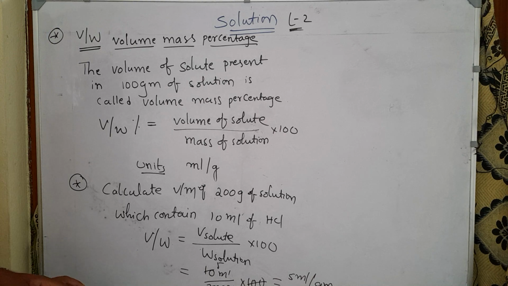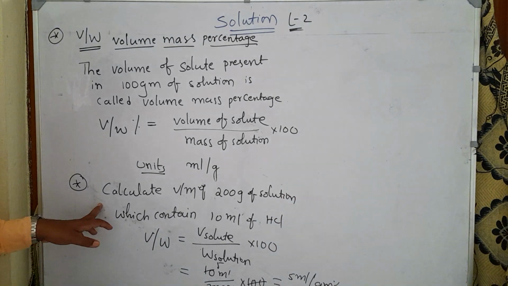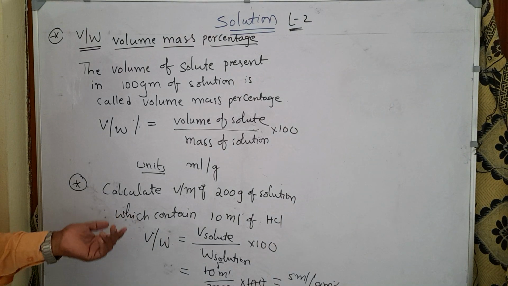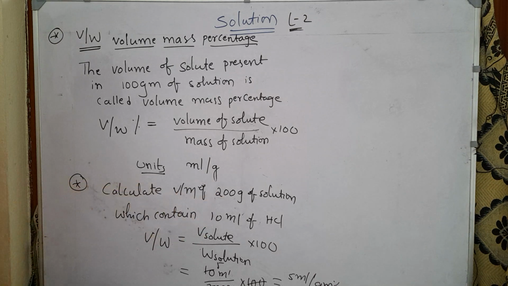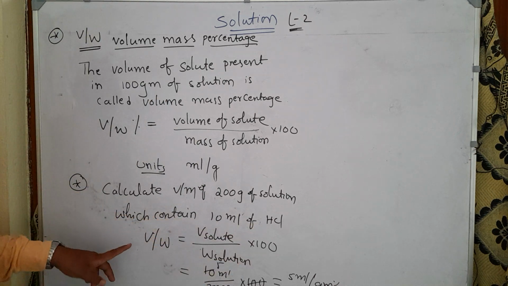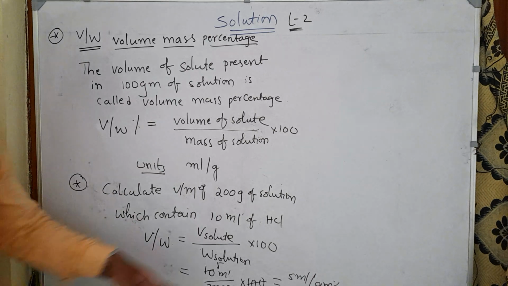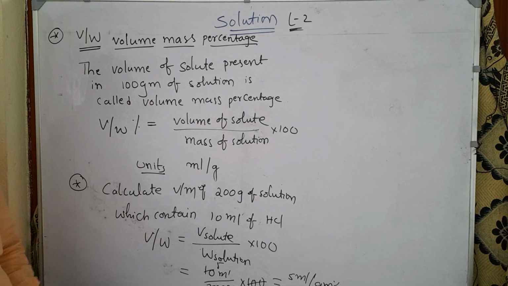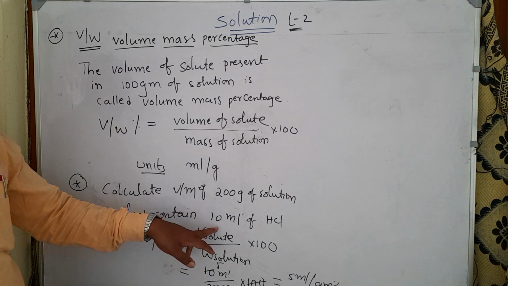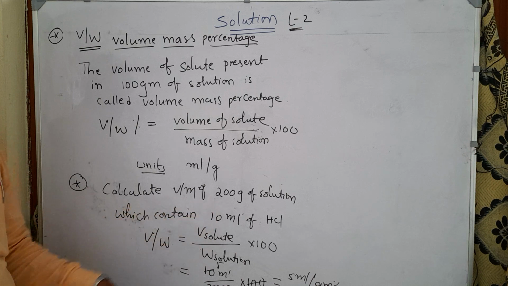So this is the problem: calculate the volume mass percentage of 200 grams of solution which contains 10 ml of HCl. What is the volume mass percentage? Volume of solute by weight of solution into 100. The volume of solute given is 10 ml and the mass of solution given is 200 grams.